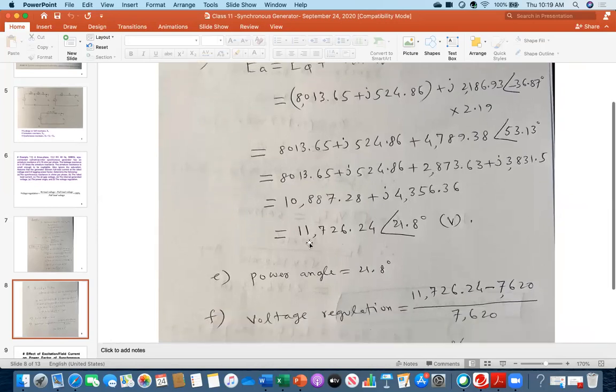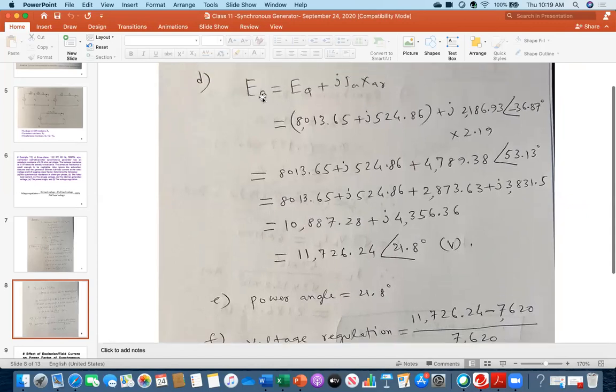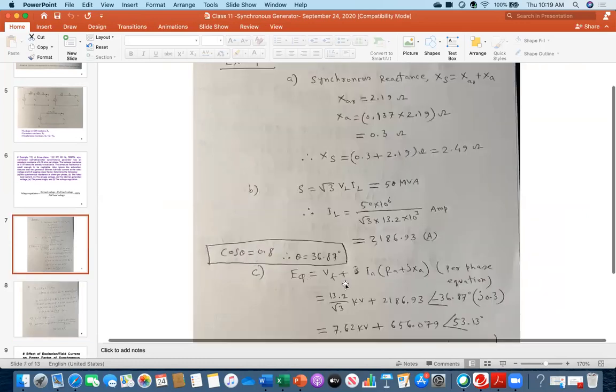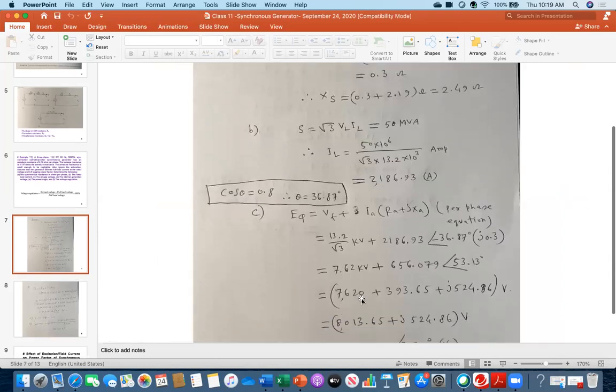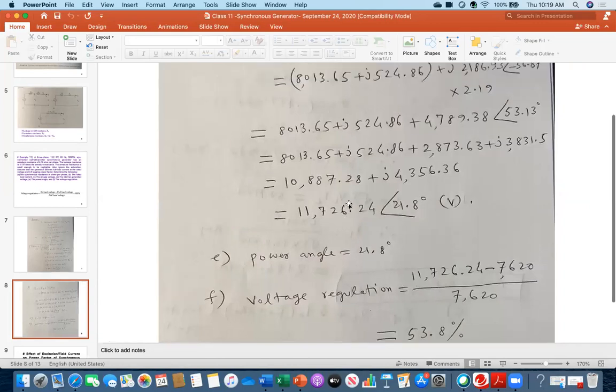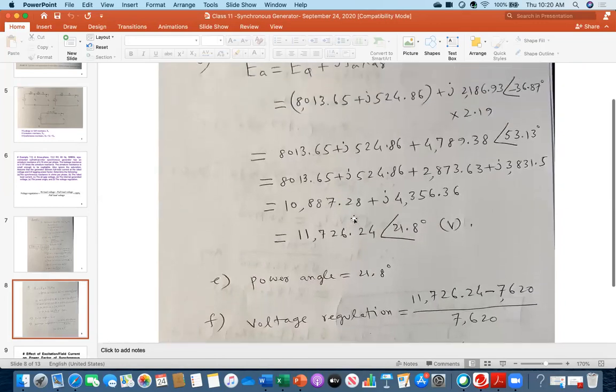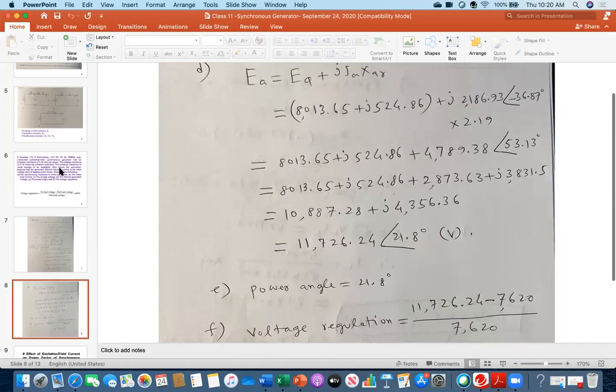And finally, I got 11,726.24, angle 21.8 degrees. So you see, you got the highest number, 11,000, and this was 8,000, and I think the terminal voltage magnitude, I got 7,620. So that makes sense. So therefore we are done. This is the result for the internal generated voltage.